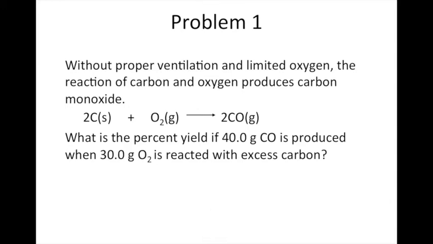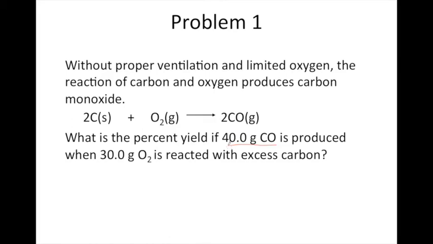So take a look at this problem. It says without proper ventilation and limited oxygen, the reaction of carbon and oxygen produces carbon monoxide. And then we're given the balanced chemical equation. It says what is the percent yield if 40 grams of carbon monoxide is produced when 30 grams of oxygen is reacted with excess carbon?